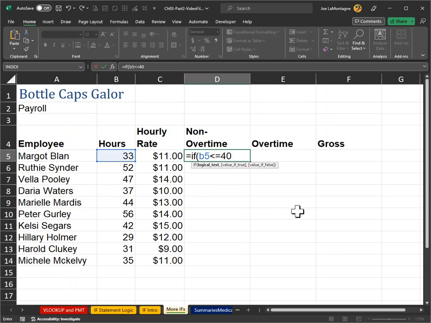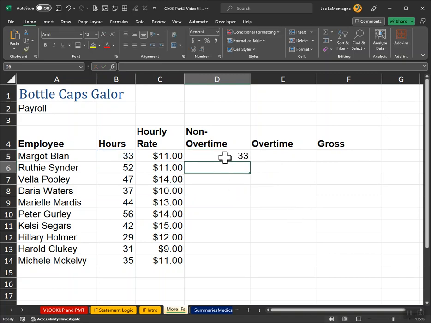If it is, meaning it's true, then we are going to just put in those hours, B5. Now, if they've worked more than 40 hours, then they're only going to get paid for 40 hours at normal time. So then we'll just put in 40. So we'll hit enter, and then we'll just copy this down.